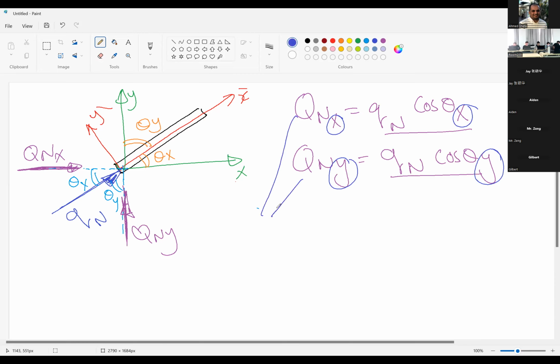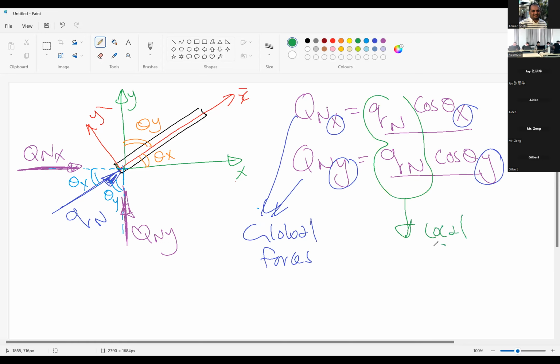So these two components are global member forces, or global forces, and this one, Qn, is the local force. Cosine theta x and cosine theta y will be the transformation matrix.